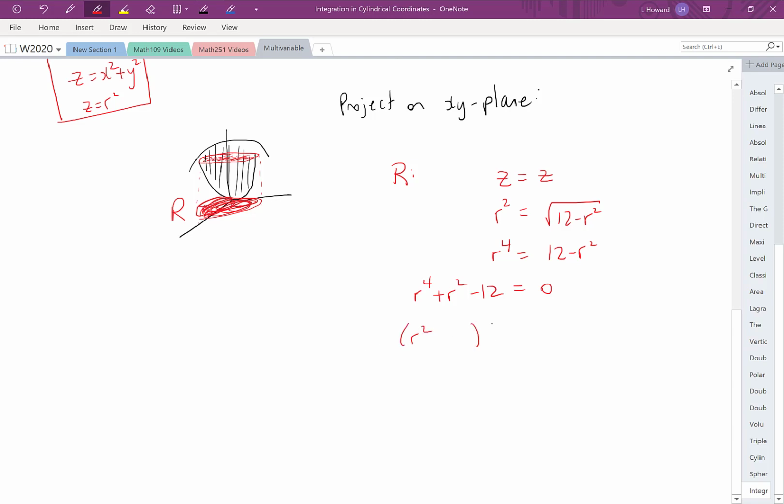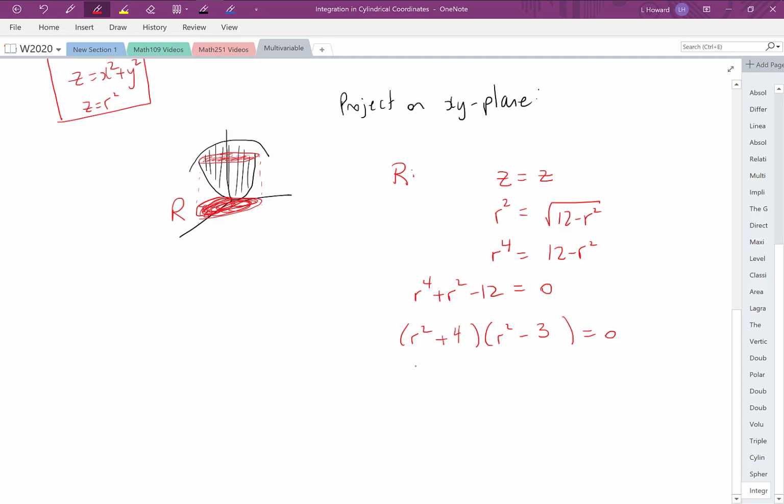So let's see if we can factor this in the following way. So we could have r squared plus or minus something times r squared plus or minus something. We want to add up to 1 and multiply to negative 12. So if we did plus 4 and minus 3, that would work.